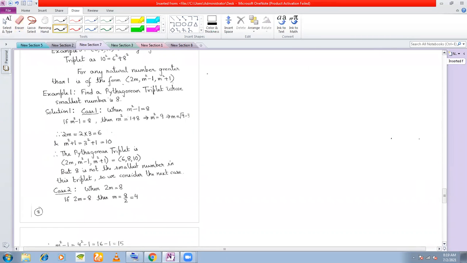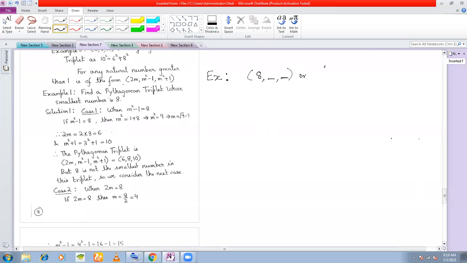See, the question here is: find a Pythagorean triplet whose smallest number is 8. Okay. Now, what kind of Pythagorean triplets do you want to find? You want to find a Pythagorean triplet whose smallest number is 8. Smallest number is 8 means 8 can be here, and you can have two other numbers.